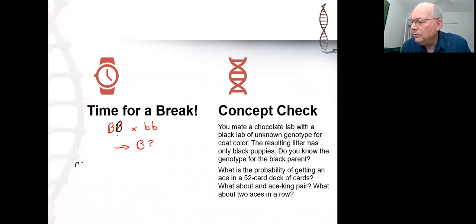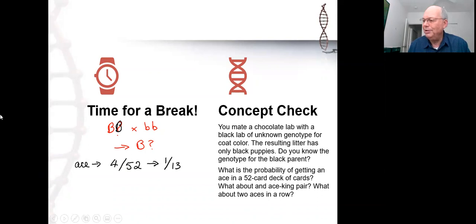So to get an ace, it would be 4 out of 52, and that reduces to 1 out of 13. So that would be your probability of getting a single ace.